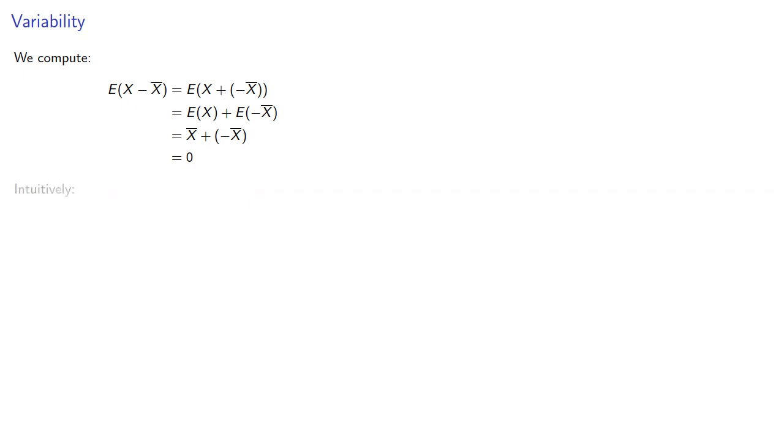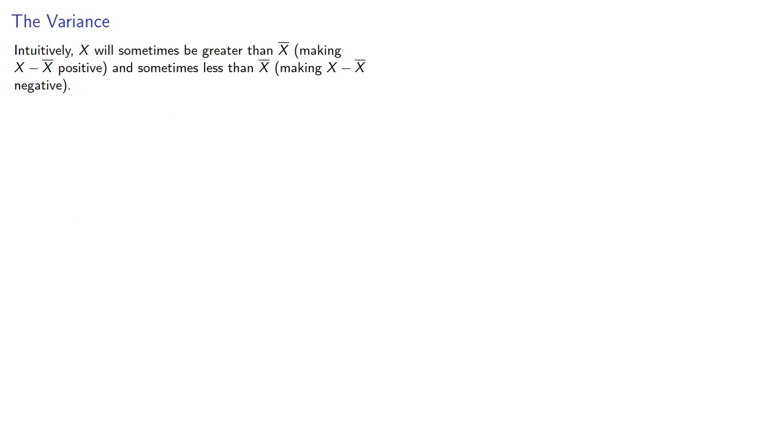And intuitively, this makes sense. It says the average difference between the actual value of x and the mean is 0. Now, x will sometimes be greater than the mean and sometimes less than the mean. So it's not surprising that the expected value is 0, but it's not all that useful.